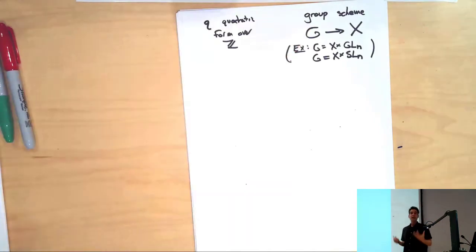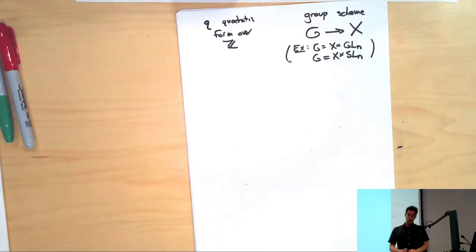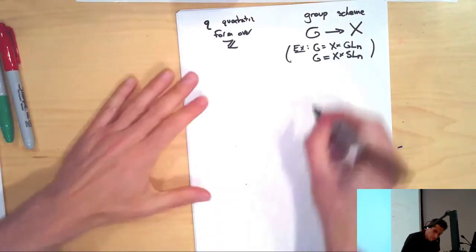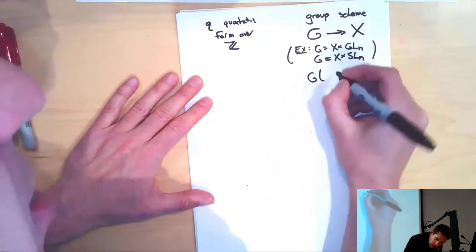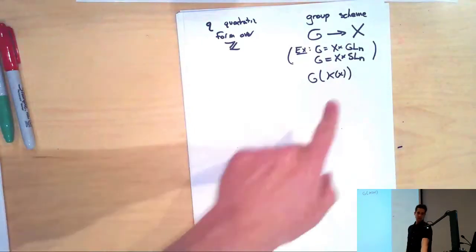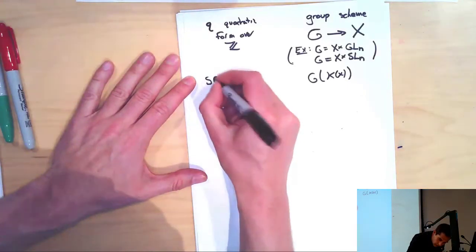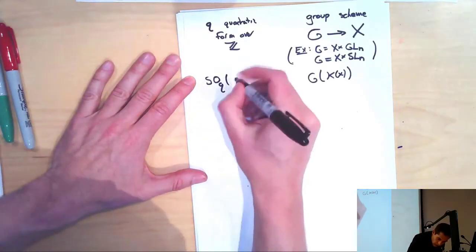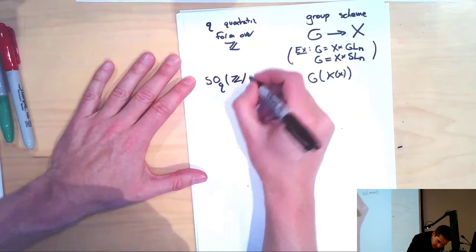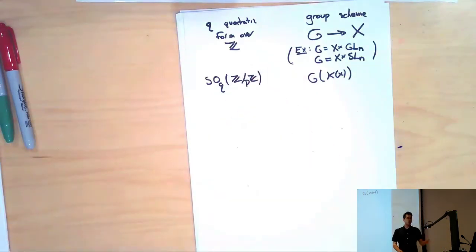But a group scheme G, you can now evaluate on any commutative ring R for which you have a map from Spec R into the algebraic curve X. So it makes sense to evaluate G on things like the residue field of capital X at some point, and that's the analog of objects that appeared earlier, like SOQ on, well, maybe these objects didn't appear explicitly, but they were implicitly in the picture.